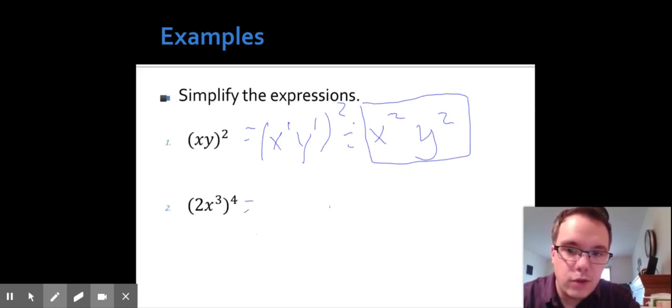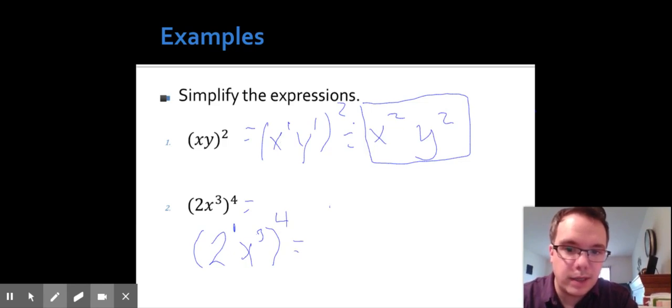All right, 2x cubed to the 4th power. Even on that 2, there's a hidden exponent of 1. So we're going to write that in so that we can multiply all of our exponents inside the parentheses by the exponent outside.